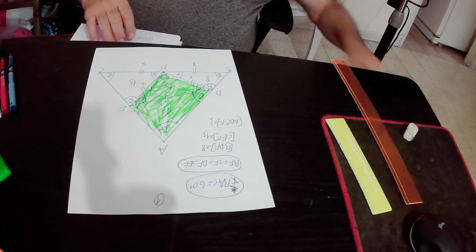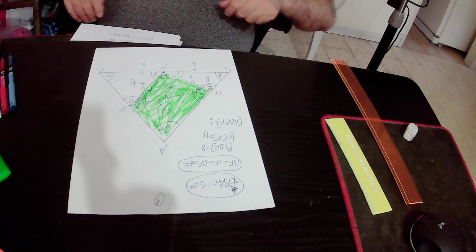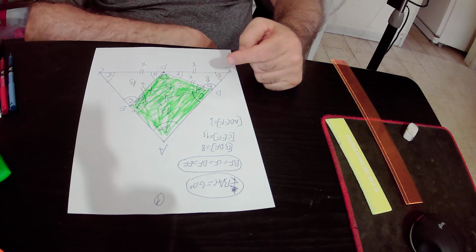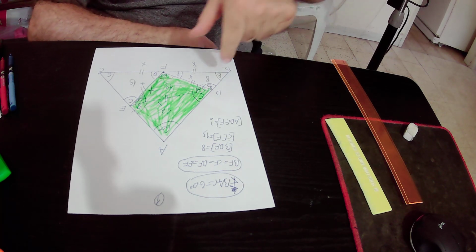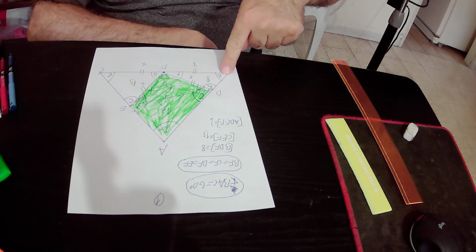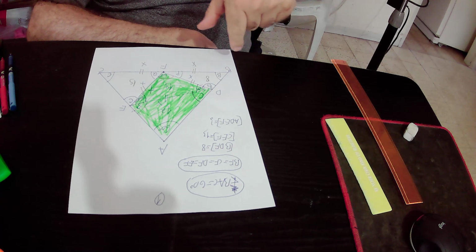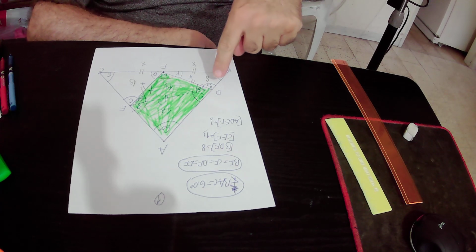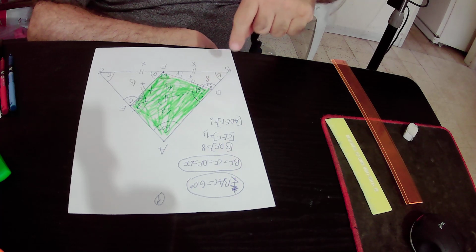Therefore, according to rule number 1, in front of side DF we have angle B, so in front of side BF we have angle DBF.